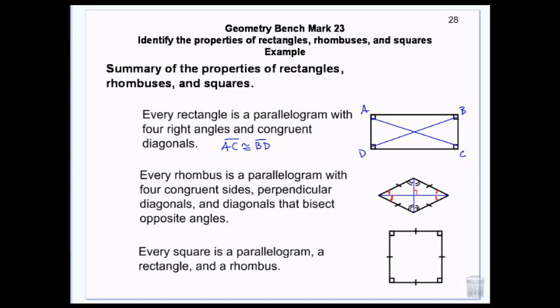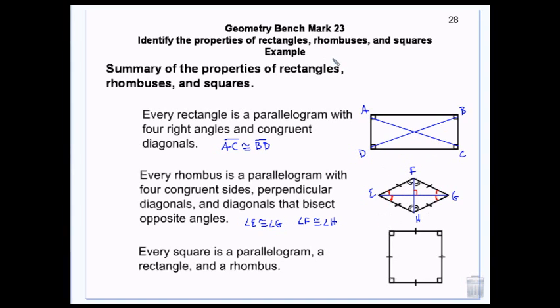And if I called this one EFGH, angle E is congruent to angle G, and angle F is congruent to angle H. And all 4 sides are the same length.